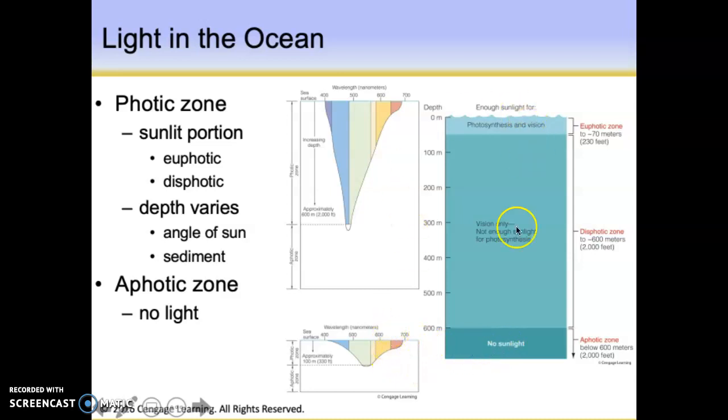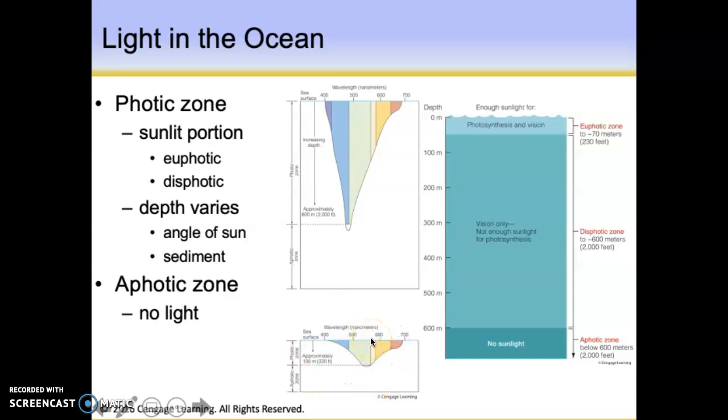And the depth of these zones actually varies with the characteristics of the ocean water. So if there's more sediment, if the angle of sun is lower, the light will not go as deep. So you can see that in these two diagrams here, that in different places in the ocean, the light can go deeper, and in some places, the light will be much more shallow.